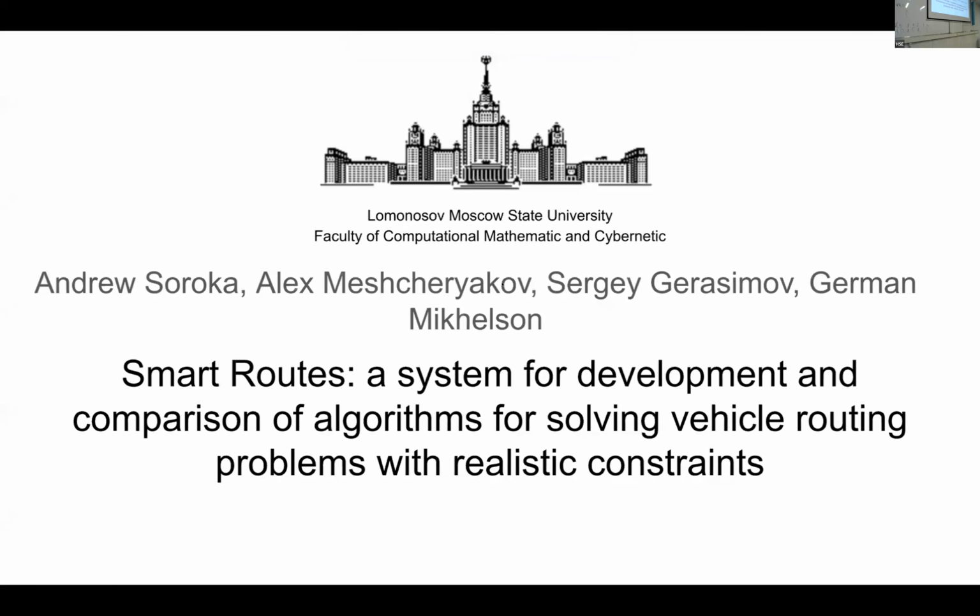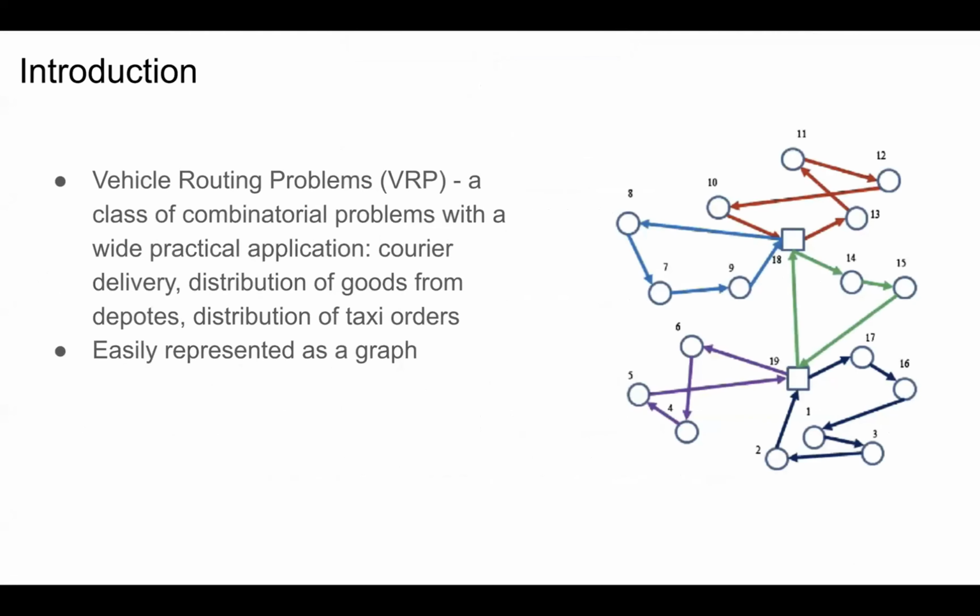Okay, so good afternoon. Today I'll talk about Smart Roads, a system for development and comparison of algorithms for solving the vehicle routing problem with realistic constraints. The task of vehicle route optimization is a class of combinatorial optimization problems.